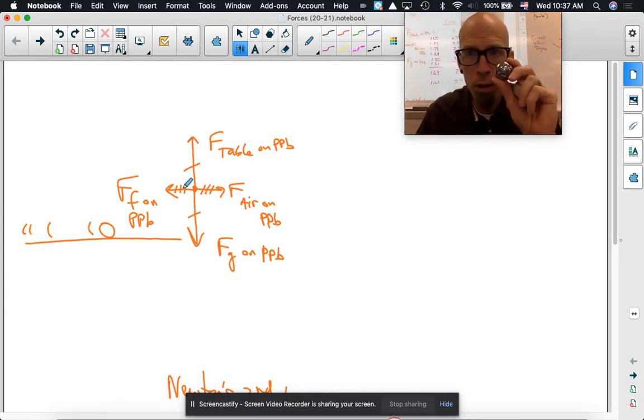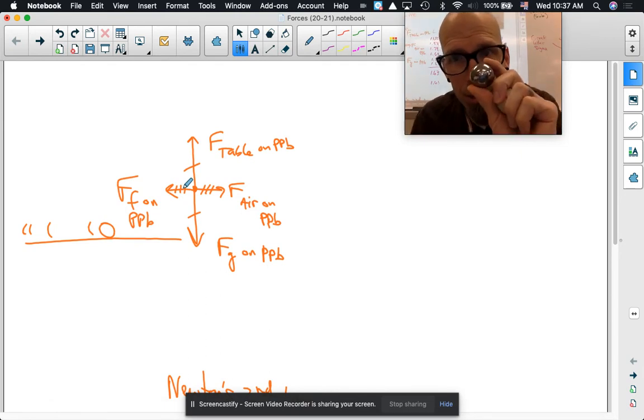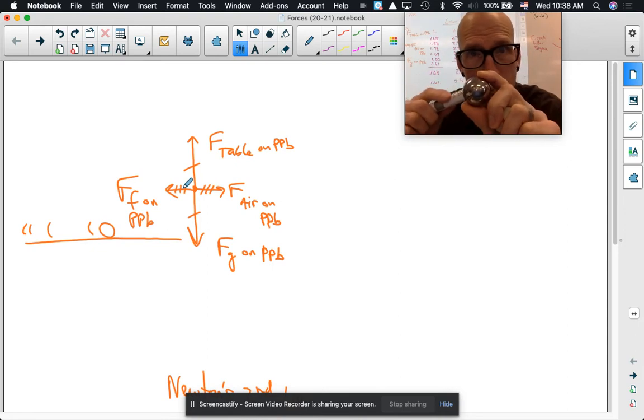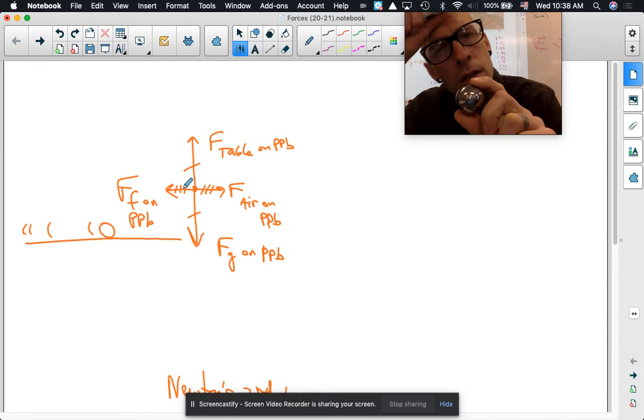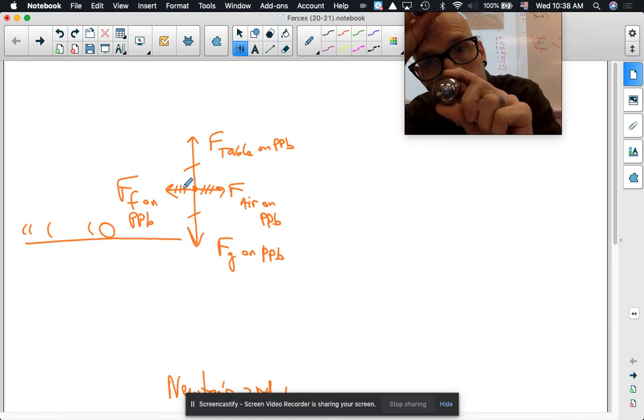No longer the ping pong ball. Now we're talking about the stainless steel ball. That means the friction force is at least as big as what the force of air was. Now, I turned the fan on high, and then the ball started to roll.